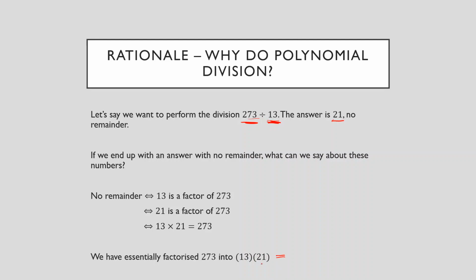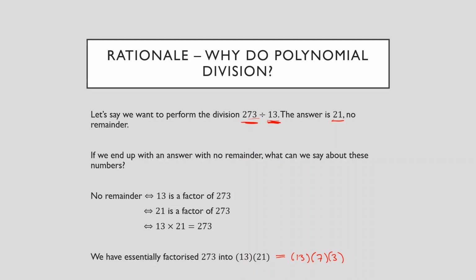If you think of two prime numbers that multiply to get 21, you'd end up with a complete prime factorization of 13 times 7 times 3. Each of these are prime numbers, you can't divide them anymore. But at least we've factored it a little bit.